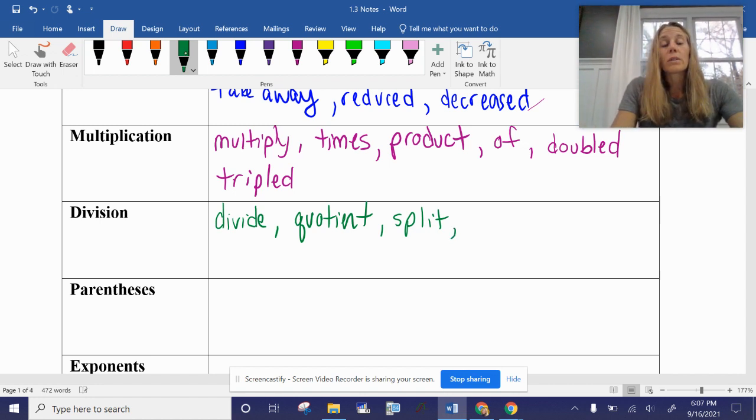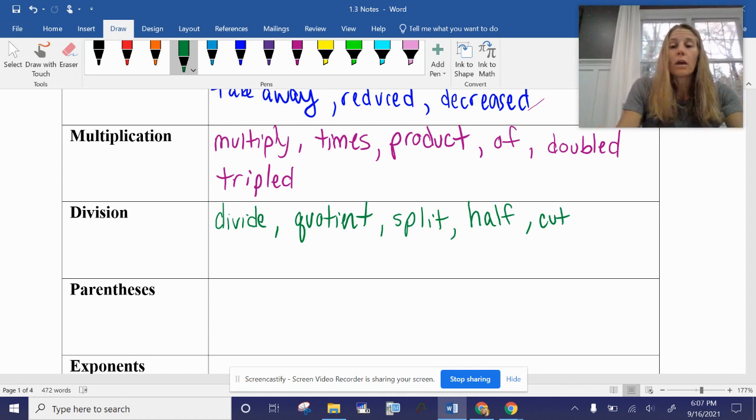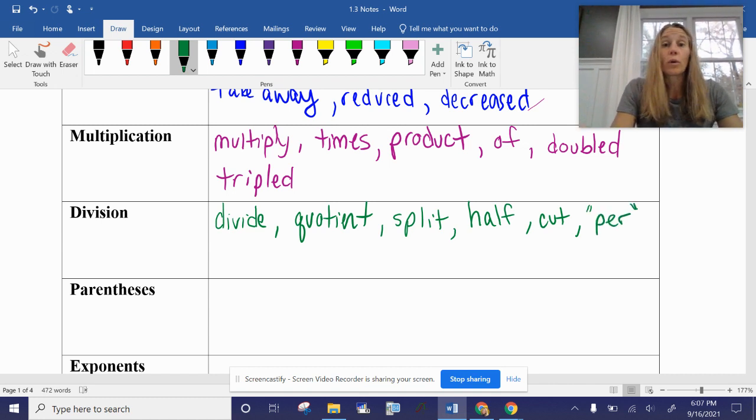And then it might be more specific, like if you're going to half something or cut something into some sort of fractional amount, then you're dividing. And another one would be the word per. We'll talk about this one a little bit more when we get into our unit rate, because that does involve division, and we are going to use that word per frequently there.